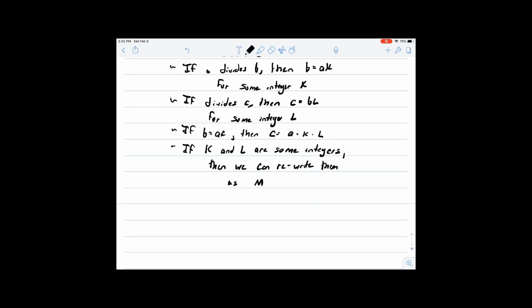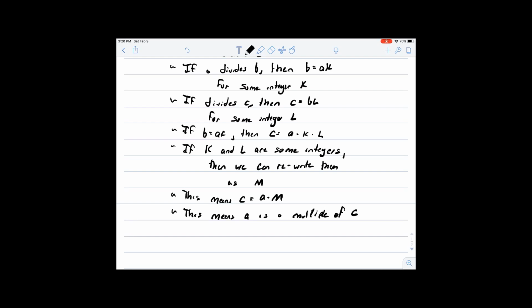This means that C equals A times M. And if M is just some integer, then we've proven that C is a multiple of A. At this point, we've essentially finished our proof.